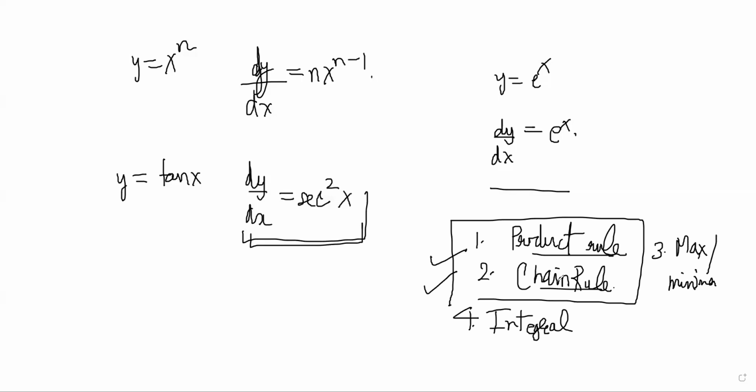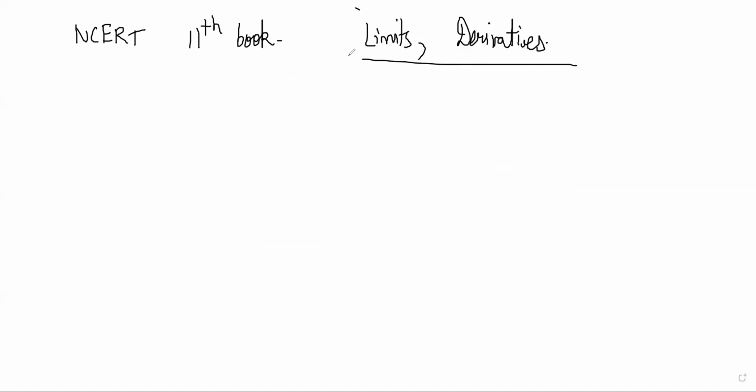If you are a little confused or you need more practice, you should check out perhaps the NCERT 11th book, which has a limits chapter. Maybe it also has a derivatives chapter; limits and derivatives are given as one chapter. So you need to go through that NCERT 11th grade limits and derivatives chapter.